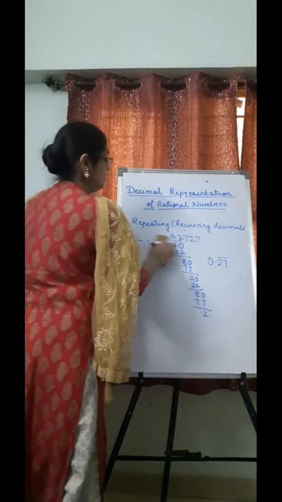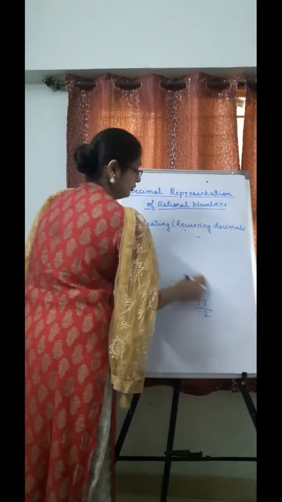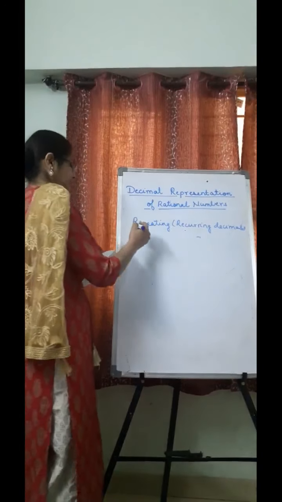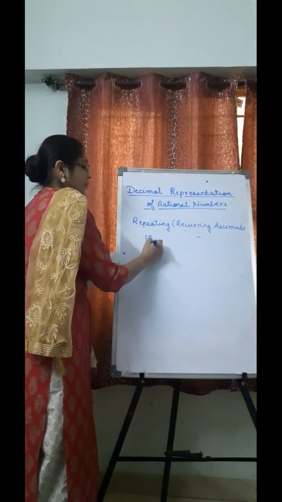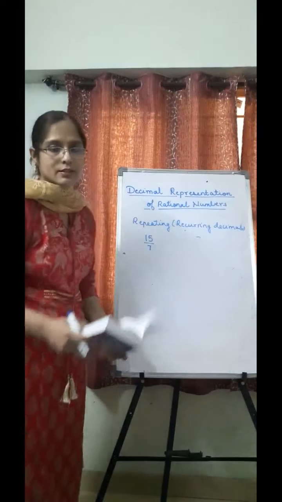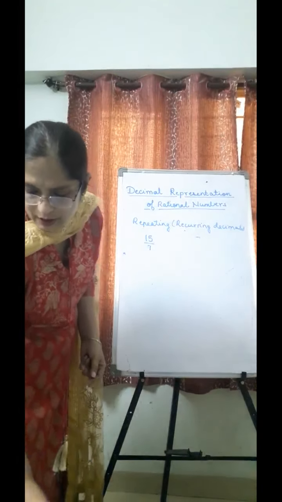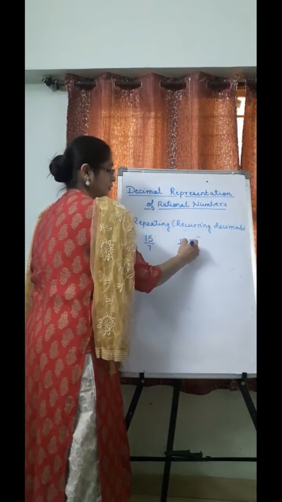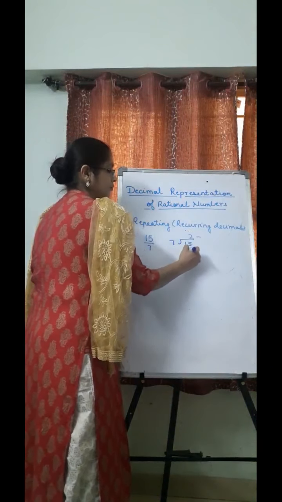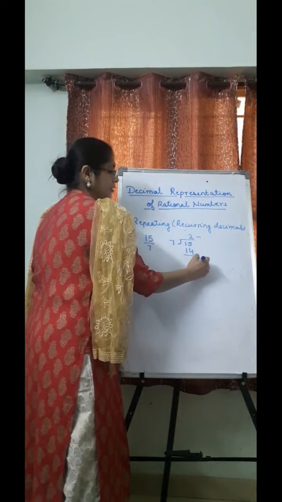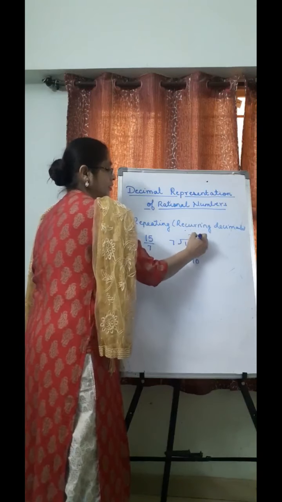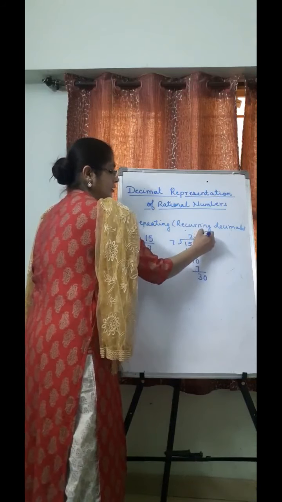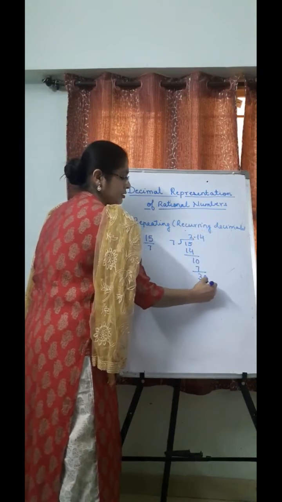One more example, 15 upon 7. Let us divide 15 by 7. 7 twos are 14. 28.